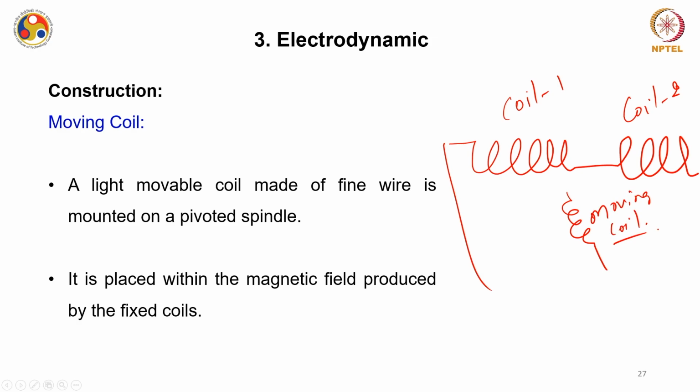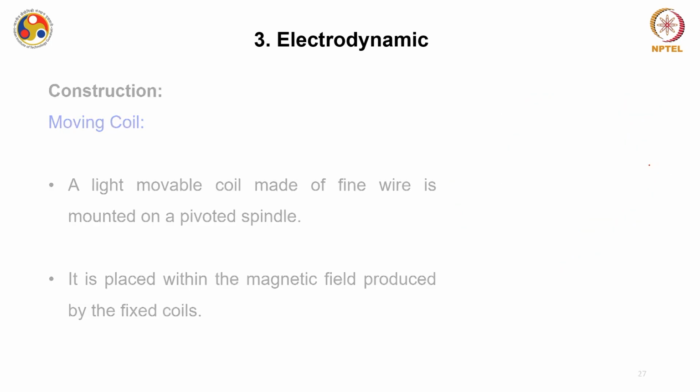Now this moving coil is a very light movable coil made up of fine copper wires, and this is mounted somewhere here. So it is placed within the magnetic field which is produced by the field coils.